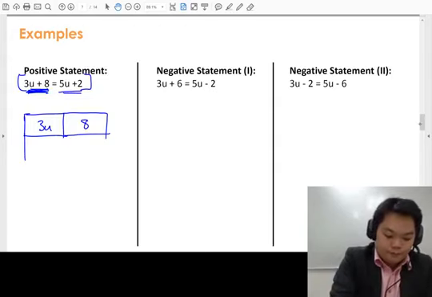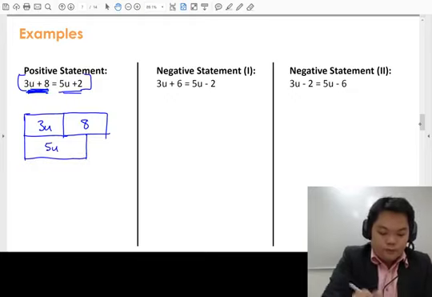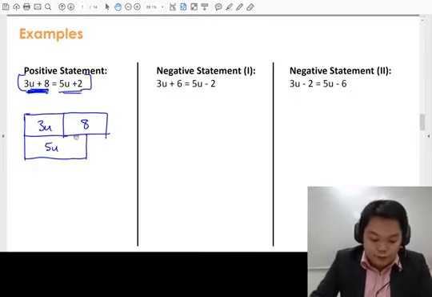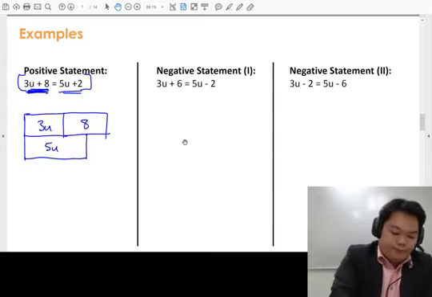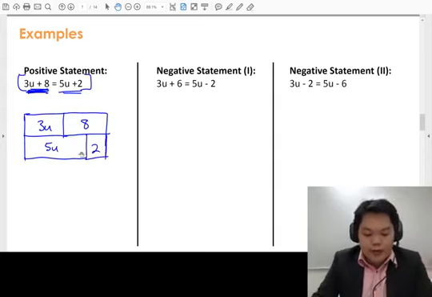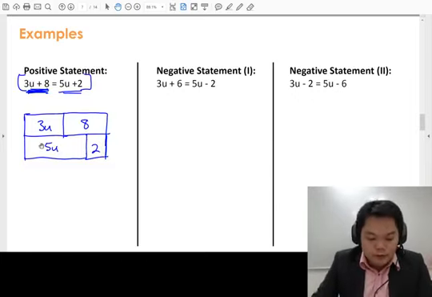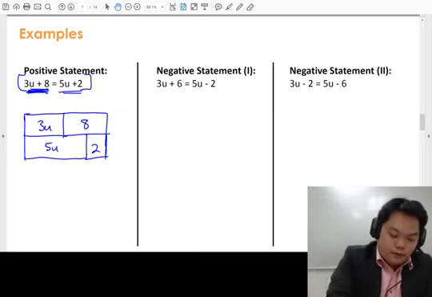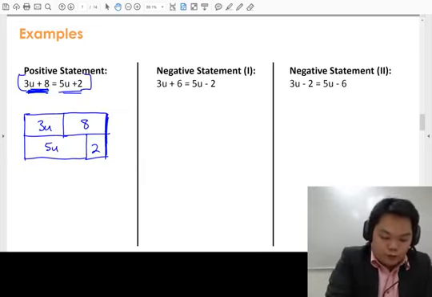Therefore, 5 units needs to be longer than 3 units. When you add 2 more to 5 units, the length of the model will be similar or equal to the one on top.